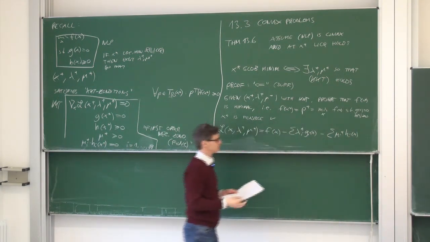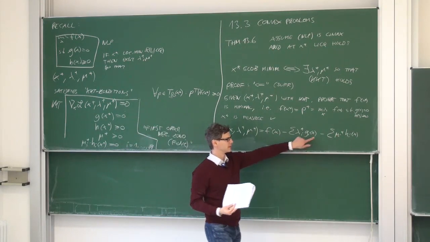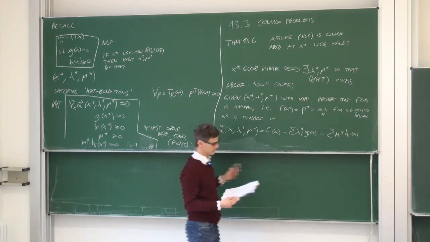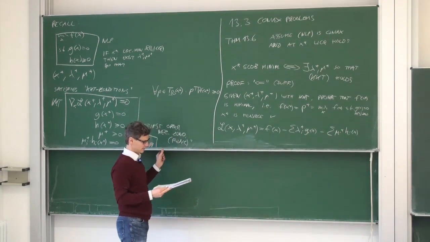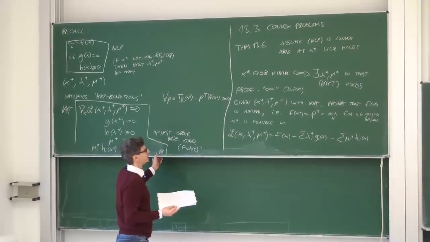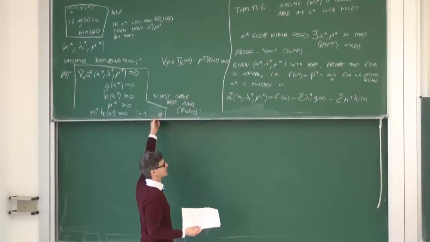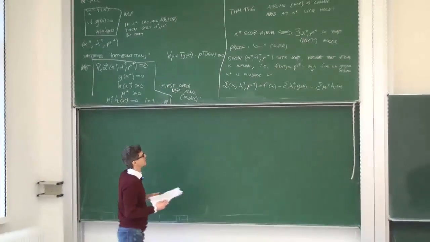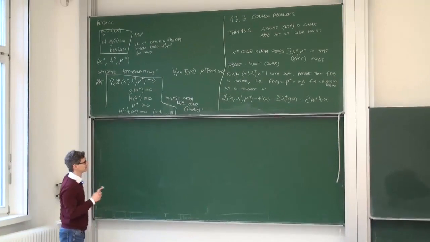Right, and the sum is over all equalities and all inequalities. So this would be a function, and the interesting thing is now that we go on to think about properties of this function. So what properties does this function have?